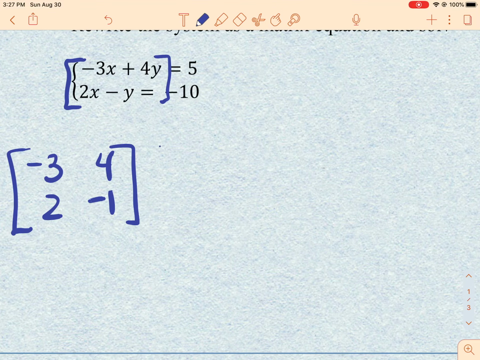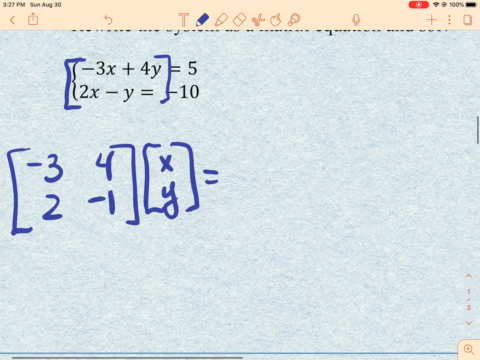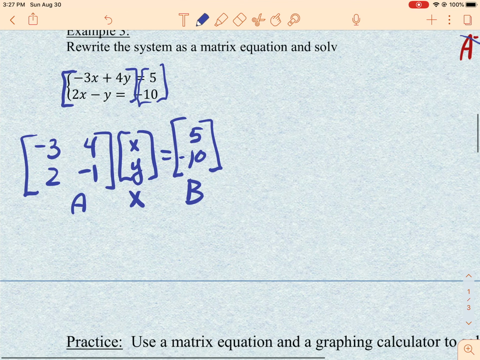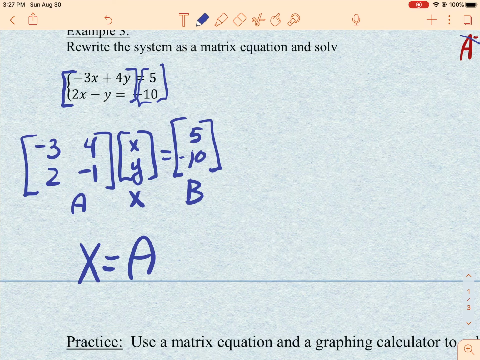Our matrix X would be our X and Y, and then our B would be 5 and -10. So A, X, B. If we're trying to solve for X, we have to do A inverse times B.